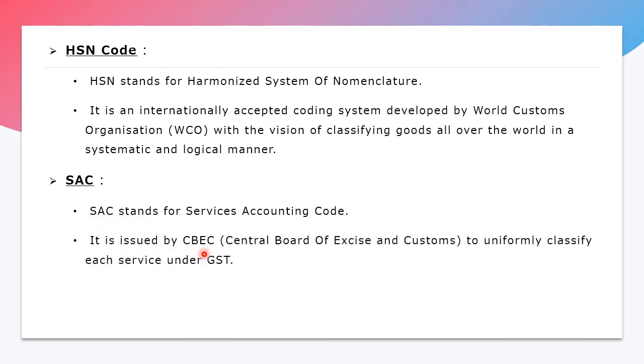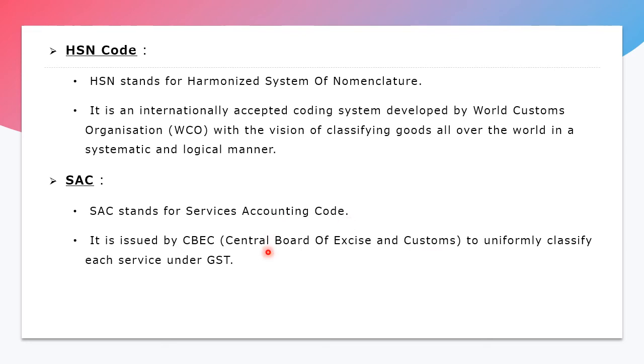It is issued by CBEC, that is Central Board of Excise and Customs, to uniformly classify each service under GST. So this SAC, that is Services Accounting Code, is issued by Central Board of Excise and Customs. So the Central Board of Excise and Customs, they have issued this SAC, okay, this Service Accounting Code.